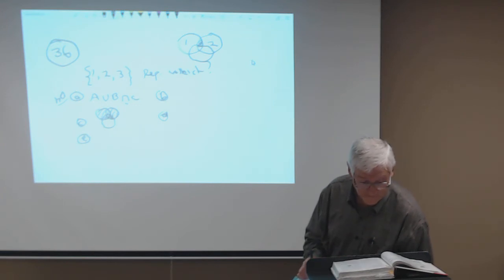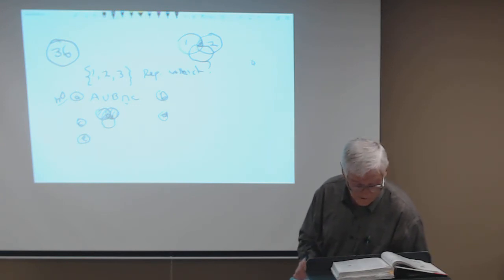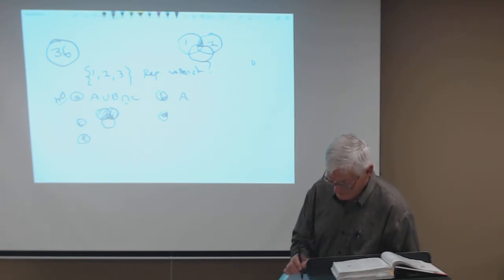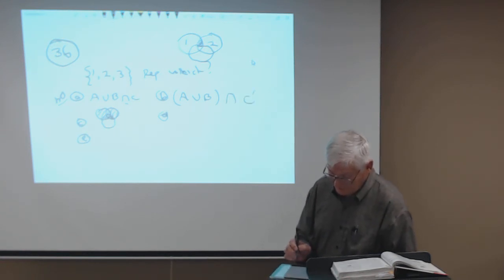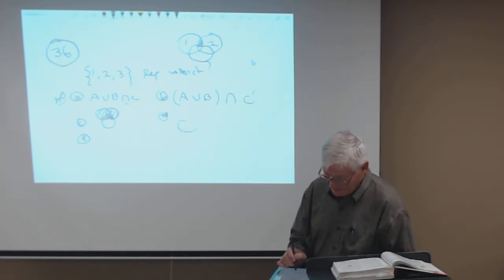What does B say? A union B intersect the complement of C. So let's draw a picture of it. Here's A, here's B. Union would be put them together.